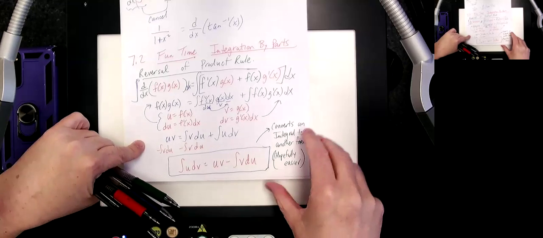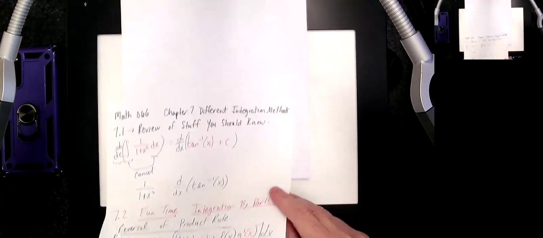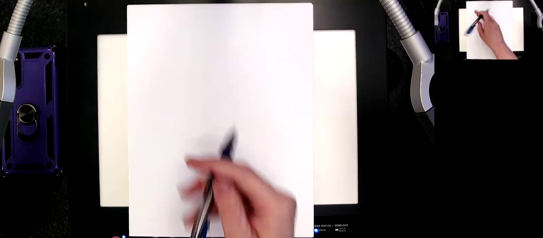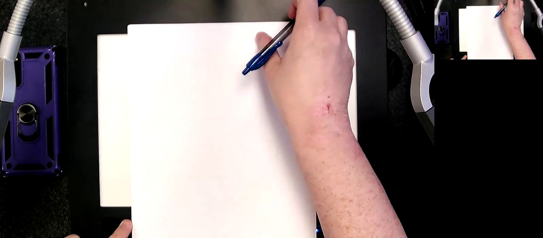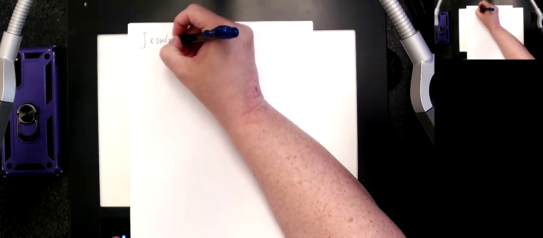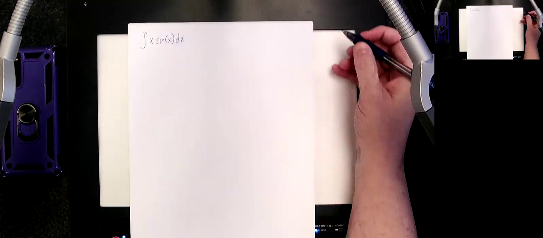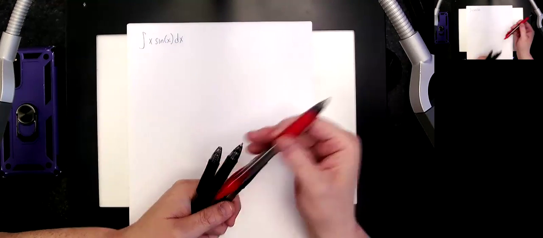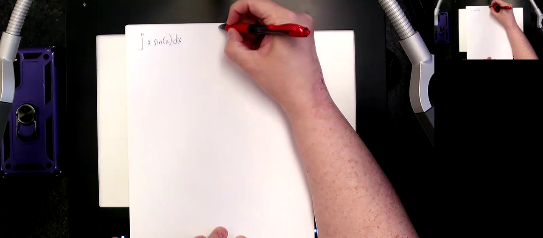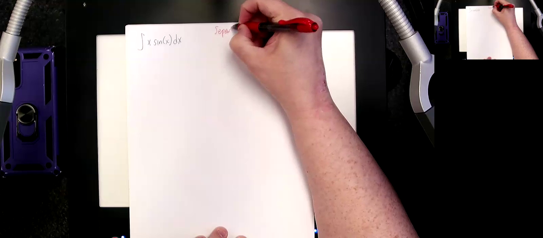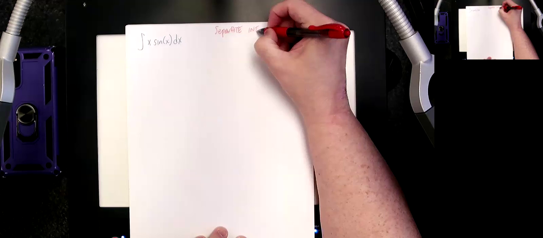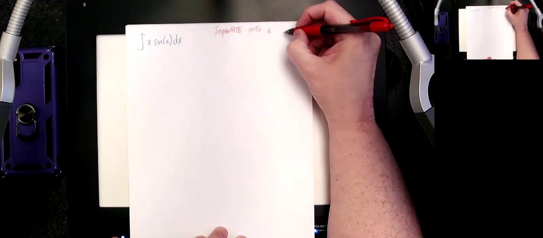All right. So let's give you guys an example and we'll start there. We want to integrate x sine x dx. So the steps in this is separate this into a u and a dv.